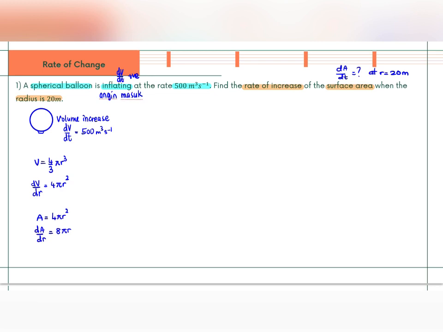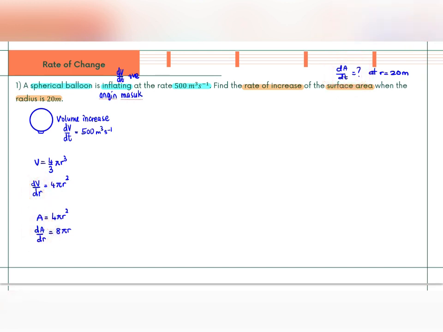Okay, our aim is to find dA over dt. Okay, so daripada dV over dr dan dA over dr ini sebenarnya kita boleh dapatkan dA over dV.